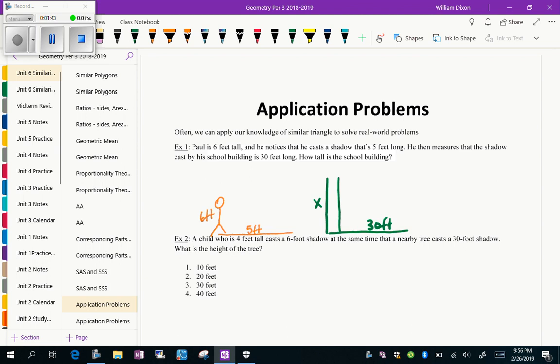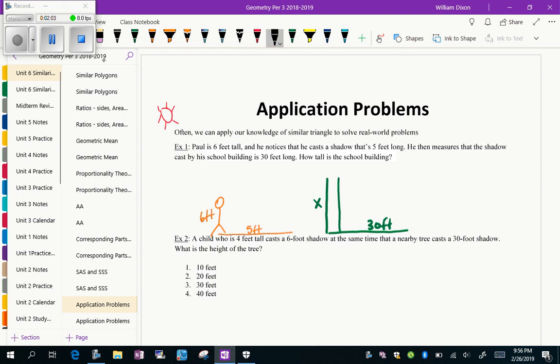Now, something that's important is that the sun, which is up here somewhere, which we haven't seen in days, is casting that shadow at a certain angle. And that angle is the same for both Paul and the building. So why is that important?